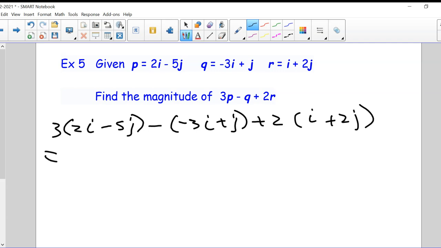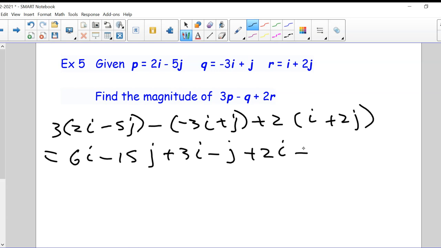And of course, we just have to do a little math here. So that would be 6i minus 15j. Folks, if I make a mistake, you know that you're welcome to stop me. Plus 3i minus j plus 2i plus 4j. I think I did that right. Okay.